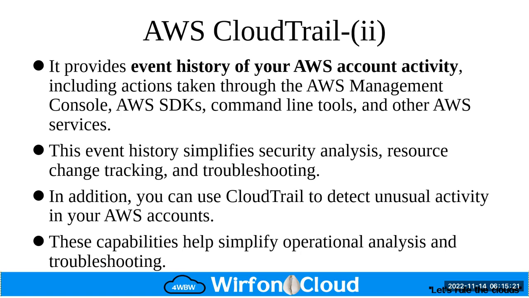So for example, if you were running an EC2 and then all of a sudden it stops and you are not the one who stopped it, you can know what happened, who did what, who stopped it. In addition, you can use CloudTrail to detect unusual activity in your AWS accounts.